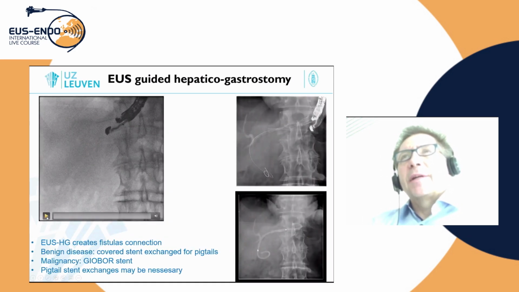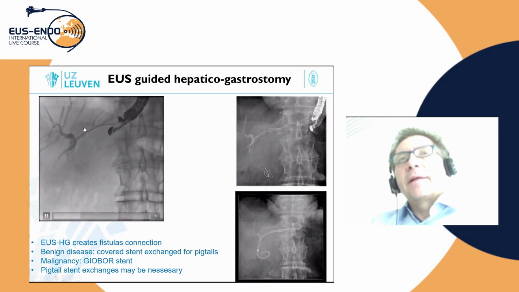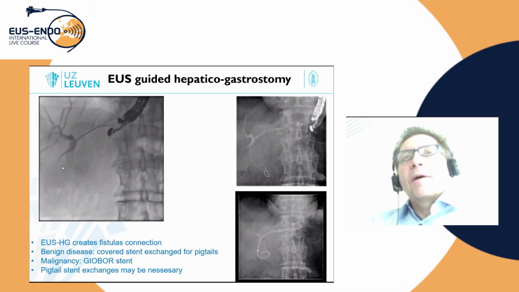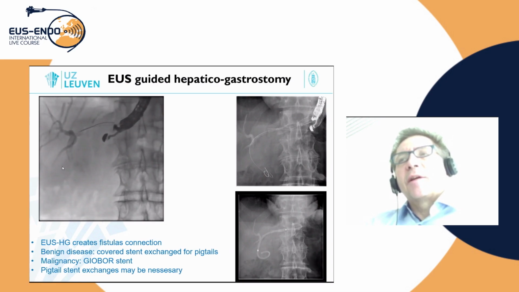In the setting of hepaticogastrostomy, an example where we would puncture the needle into a dilated left segment, and then advance a needle. In this case, it's a patient with a hepaticogastrostomy, in the setting of a benign disease, a stenosis of the hepaticogastrostomy, and after placement of the wire, manipulating the wire across this tight stricture, we managed to obtain cannulation.